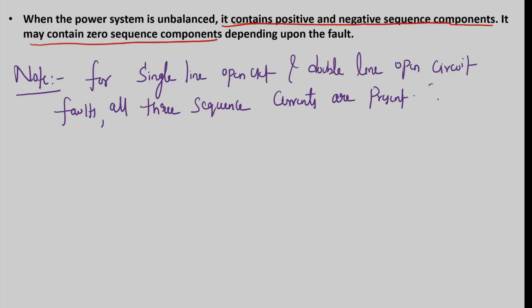That is, IA0 is non-zero, IA1 is non-zero, and IA2 is non-zero.